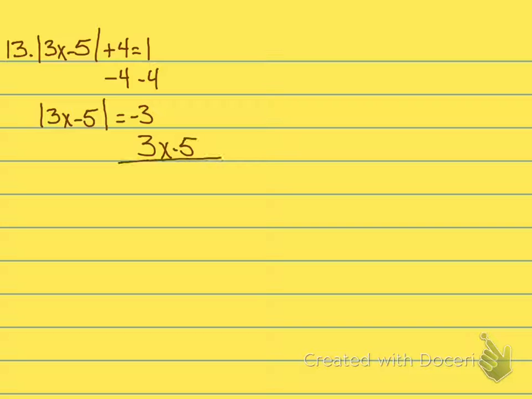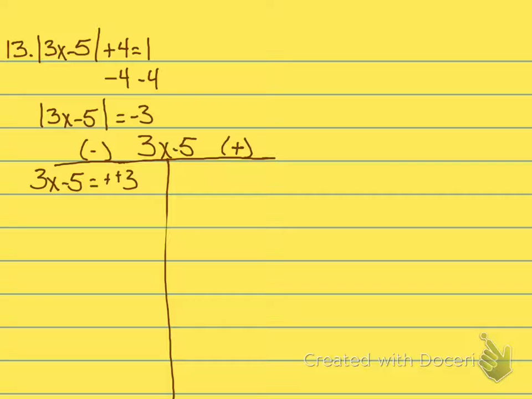Okay, set up my t-chart. I'll have my negative and positive side. So I have 3x minus 5 is equal to negative 3. That becomes positive. And 3x minus 5 is equal to negative 3. Positive and negative 3, if you will.